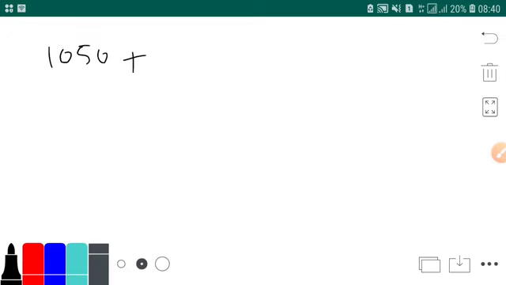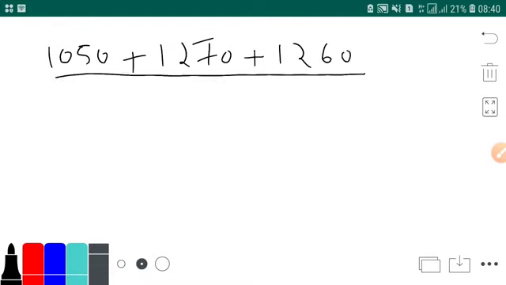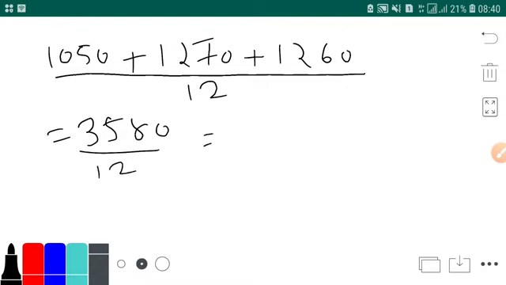Then it is 1270, you have to multiply 254 into 5. Then it is 1260, you have to multiply 315 into 4, upon 3 plus 5 is 8, 8 plus 4 is 12. So if you add these, it's 3580 upon 12. It is 298.33.